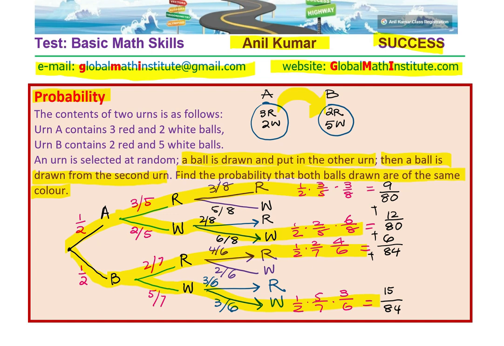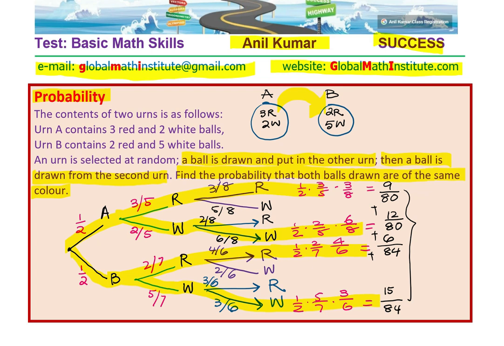So the total is how much? So once you add them, you can write down. So let's do this addition and write down the probability. So I'm using calculator. We have got very less space here. So 9 divided by 80 plus 12 divided by 80 plus 6 divided by 84 plus 15 divided by 84.